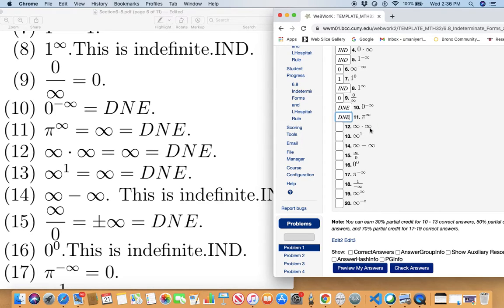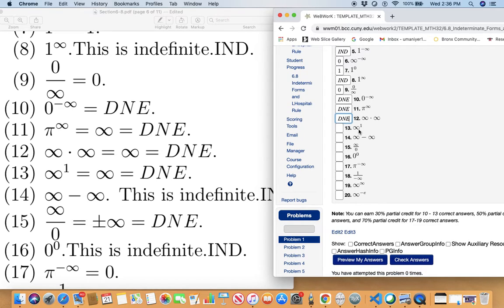Next, infinity times infinity. That's a huge number. So larger and larger numbers, the product is getting large. Infinity to the power 1. Well, you're getting larger and larger and taking a power that's getting closer to 1. So it is a large number. Limit does not exist.